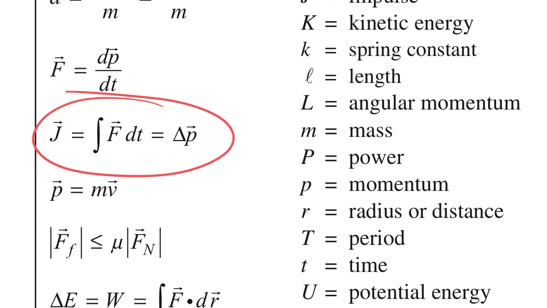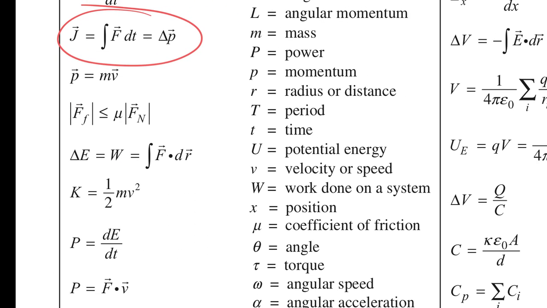It already has explicit in its formula the integral. You're summing up over the time how the force caused an object to change its momentum. So any problem where we have an explicit formula that is already suggestive of calculus, you might have to do the integral or take the derivative.